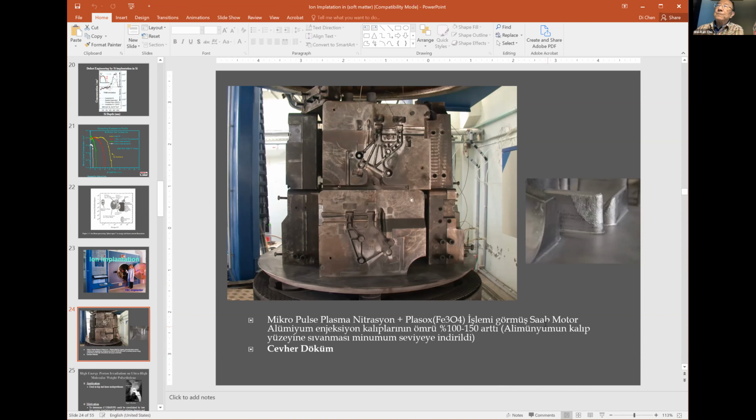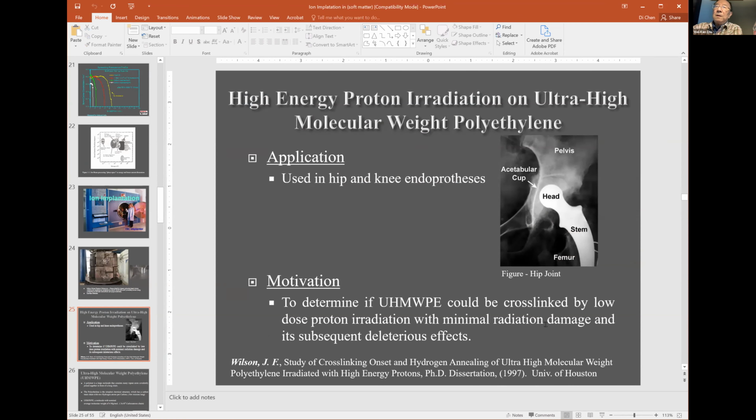Next view graph. Here I'm showing another example. Although we are not working in this area, by showing the example we broaden your scope and let you know implantation a little bit better. First, let's look at the picture. The picture here is showing an artificial bone.